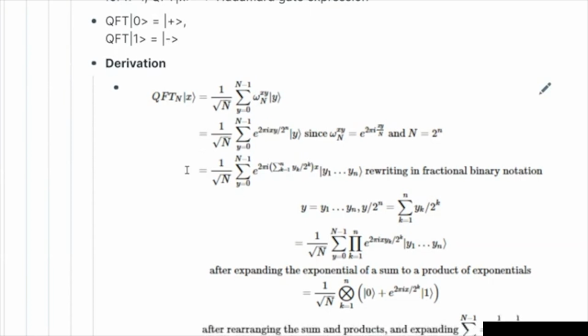And here, like I said, when y is greater than 1, basically y consists of more than 1 qubit, for n qubits. It means y should be represented as a summation of individual yks multiplied with respective powers.